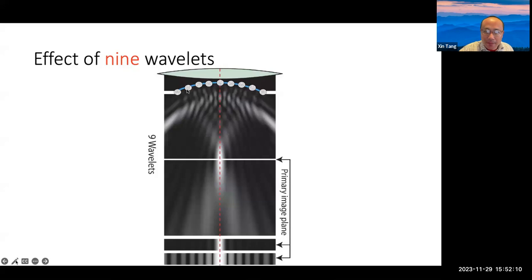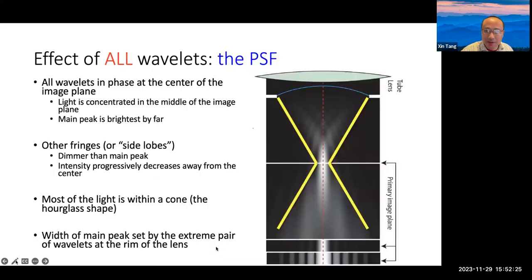Okay, now if you have all of the wavelets generated here and let them send out the light to generate the image here, then you will find something like this. The center part is very bright, the other part is less bright, but you still have some residual fringes there.